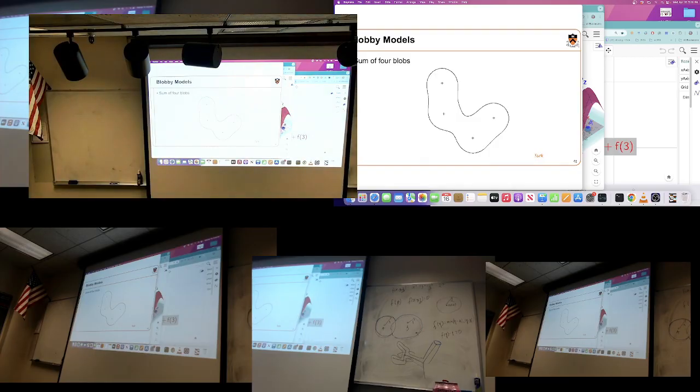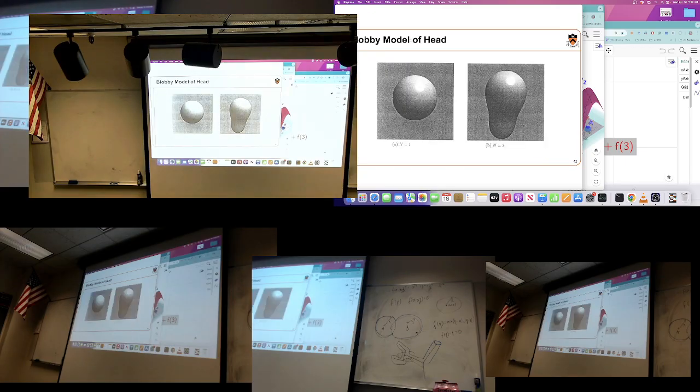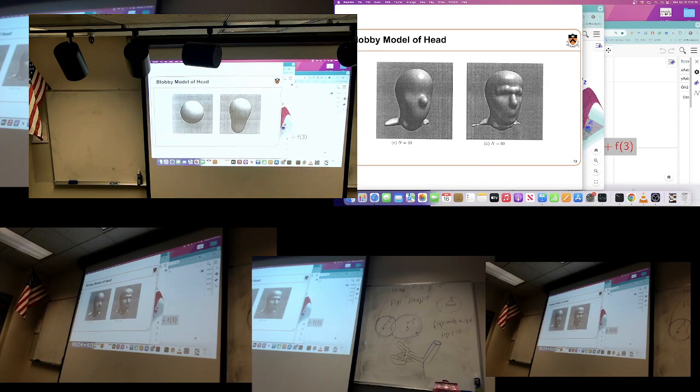Okay, so that's a blobby model, sum of 4 blobs. So more such images, sum of 2, sum of 60. You start to see the details, see why it's nice. But how many of you worked with this?